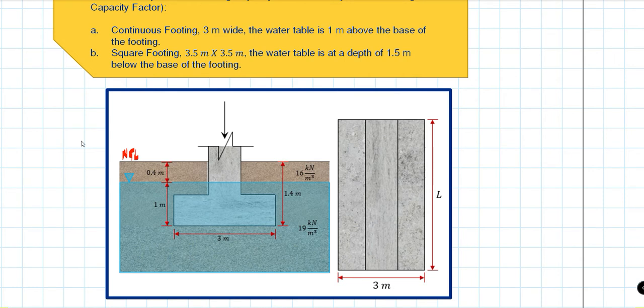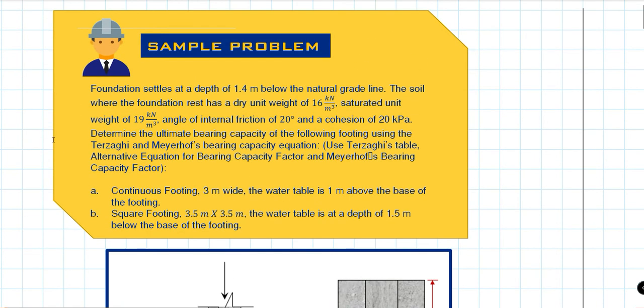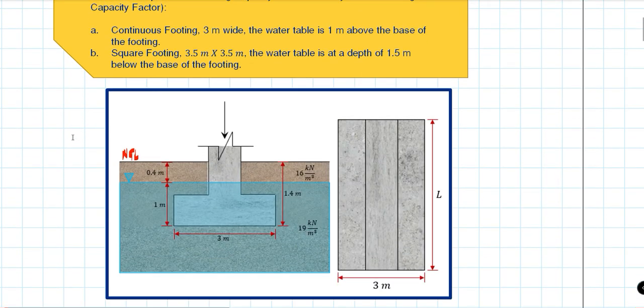Then, we have here yung dry unit weight ng soil, which is 16 kN per cubic meter. So, yun yung sinabi niya. Then, sabi dito, we have a saturated unit weight of 19 kN per meter cube for the soil na na-cover ng water table natin.